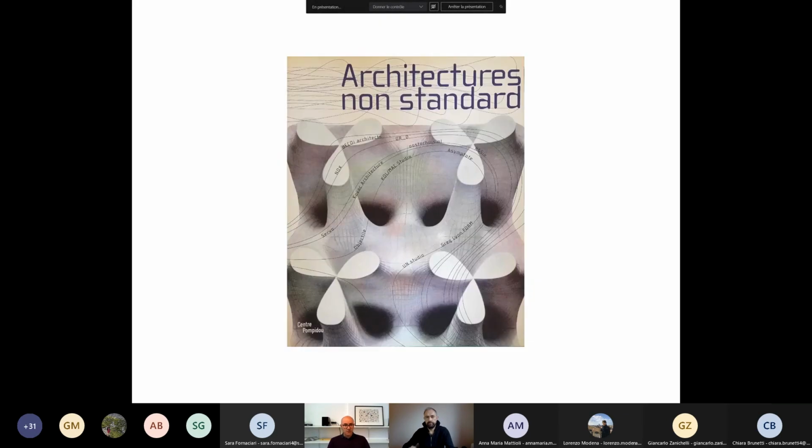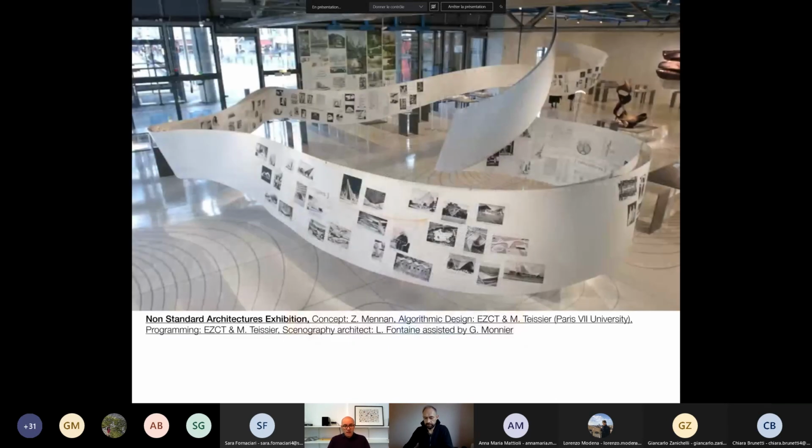In 2004, I was invited with my colleagues to work on a set design. It was a very basic project, but conceptually kind of interesting. It was for the famous non-standard architecture exhibition at the Centre Pompidou at the end of 2003 and early 2004.